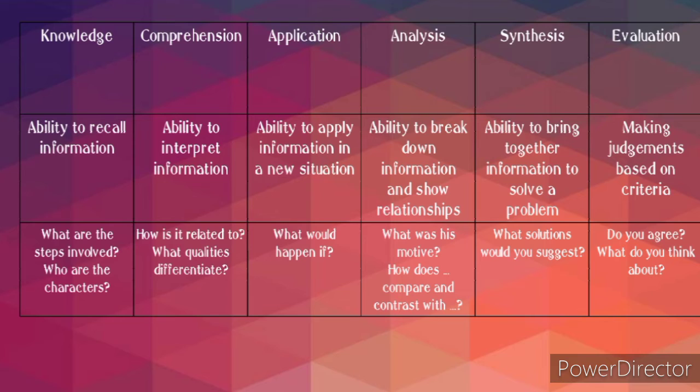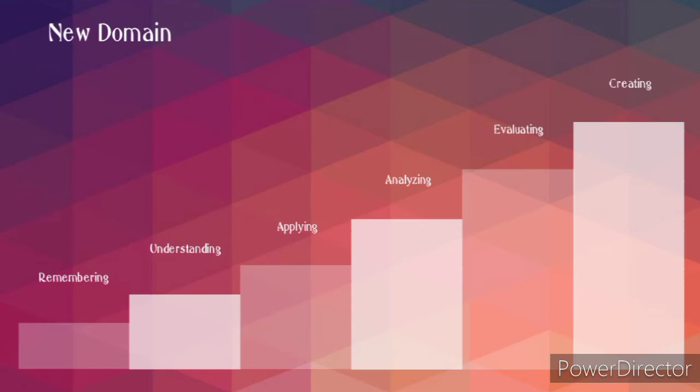Now, Anderson, a former student of Bloom, together with other individuals, revised the taxonomy. So this is now the new categories of cognitive domain. We have remembering, understanding, applying, analyzing, evaluating, and creating.